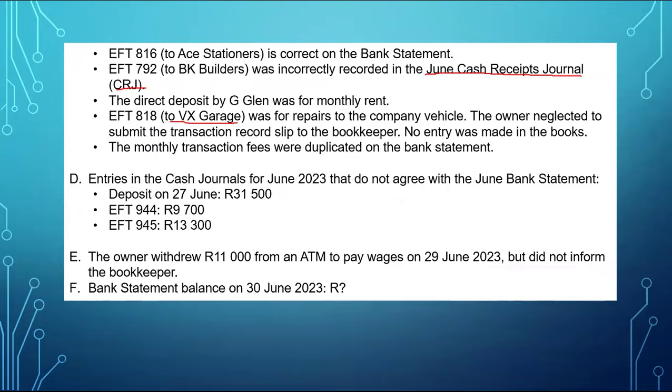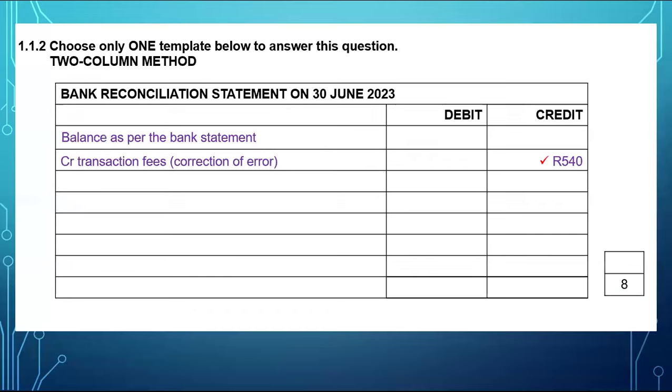We've got entries in the cash journals for June, so these are in the CRJ and CPJ, but they were not in the bank statement for June. We have a deposit that was made on the 27th of June of 31,500. That will be recorded on the credit side of your bank reconciliation statement as outstanding deposit.